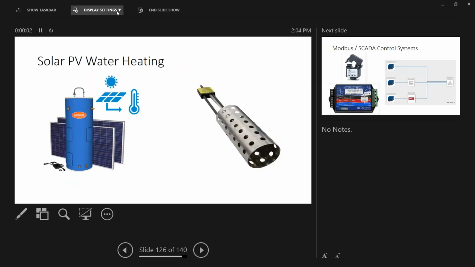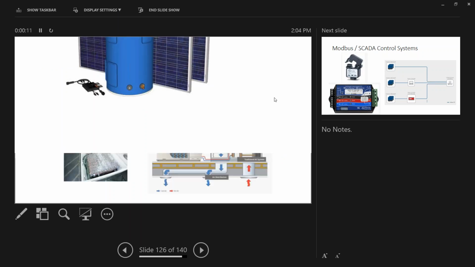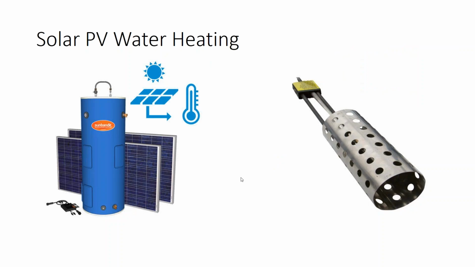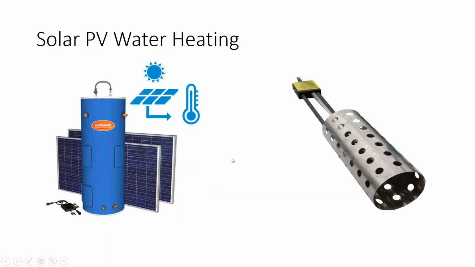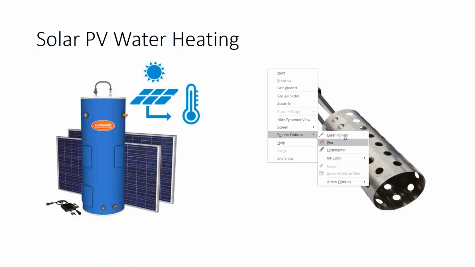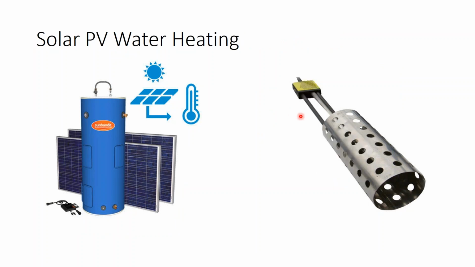So another kind of low-hanging fruit out there is your tankless water heater, where over in Europe, what they'll do is they'll put an immersion water heating element into the tankless water heater, and whenever the solar array is detecting an outflow onto the grid, they use that to heat water.